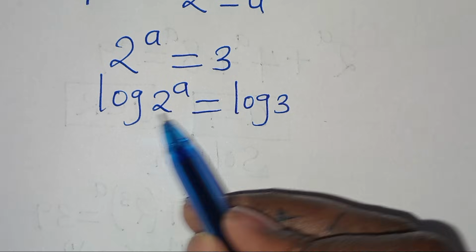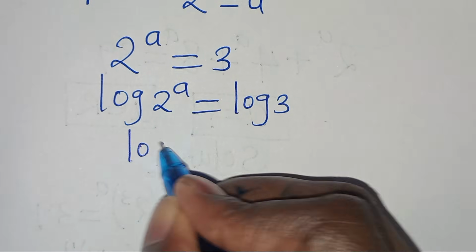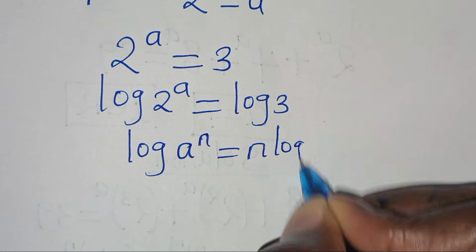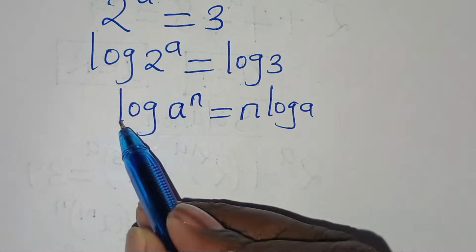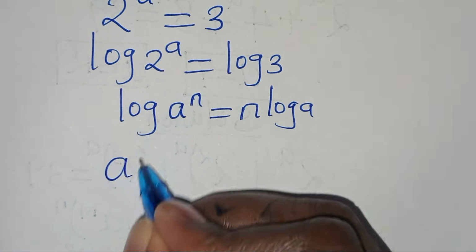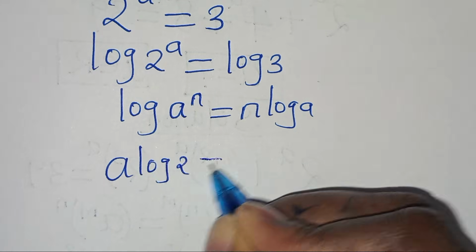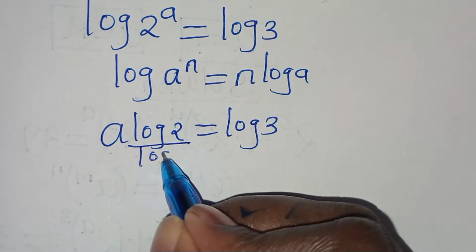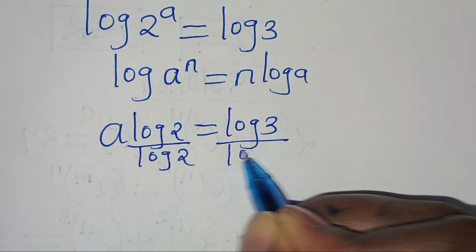So that now log 2 to the power of a is in the form of log a to the power of n, which can be expressed as n log a. Now let's apply this property so that we have a log 2 equal to log 3. So we can divide both sides by log 2.